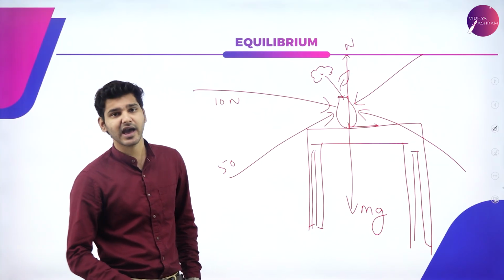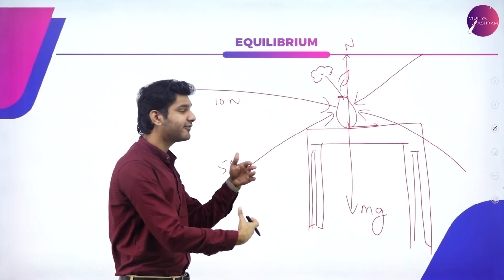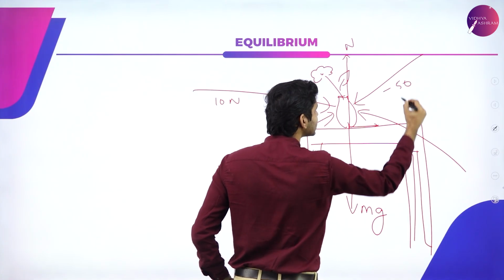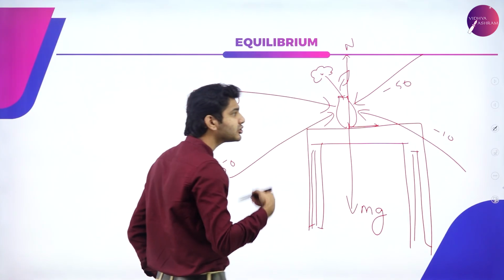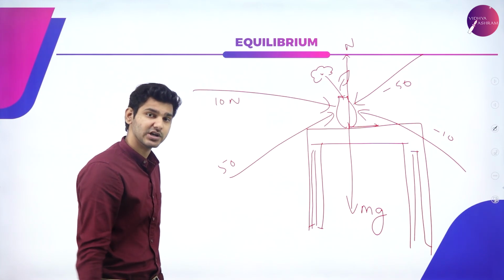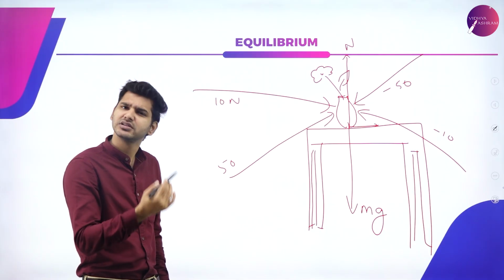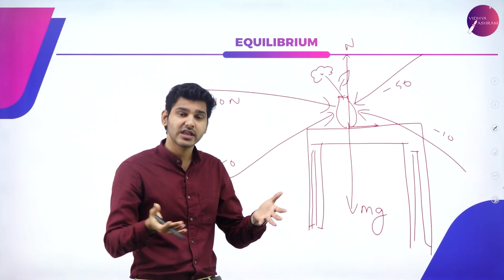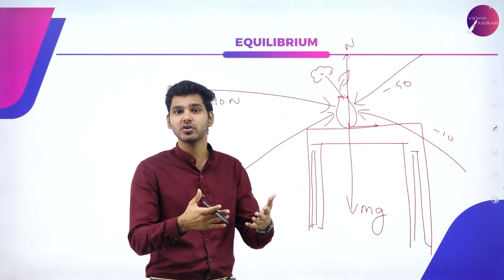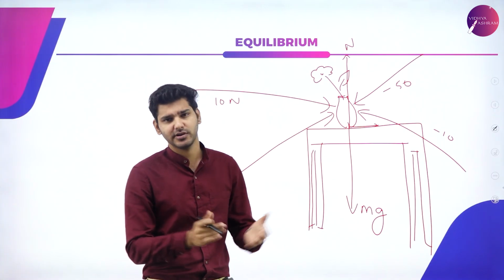That is, they should have their opposite elements acting on it so that the net force, let's say here minus 50 is acting, here minus 10 is acting, so that the net effect of the force felt by that object should be equal to 0. Then if the net force experienced by this object is 0, we can say this object is in a state of equilibrium.